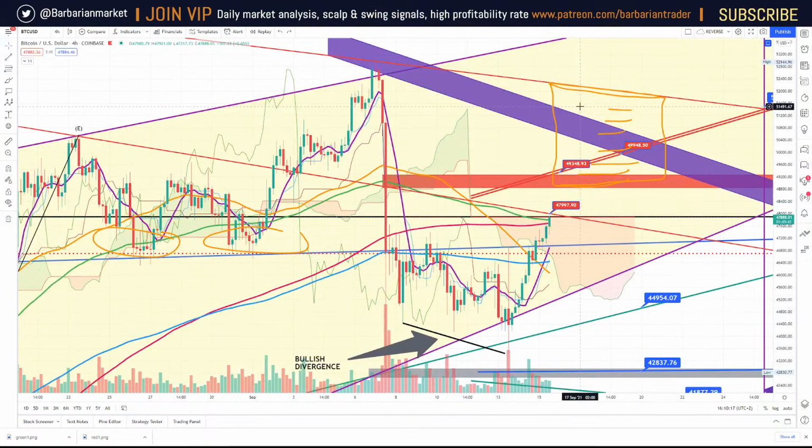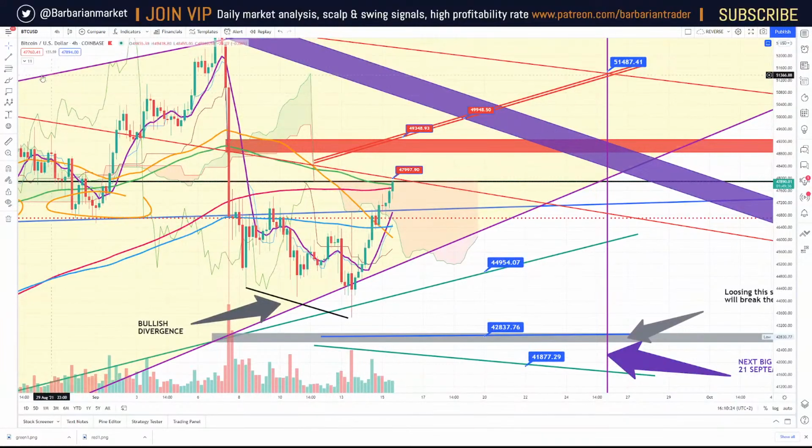So, in conclusion, let me clean this. In conclusion, we have resistance in 48,000 area, plus minus. Next one, it will be in this area, 48,800, 49 to 100.